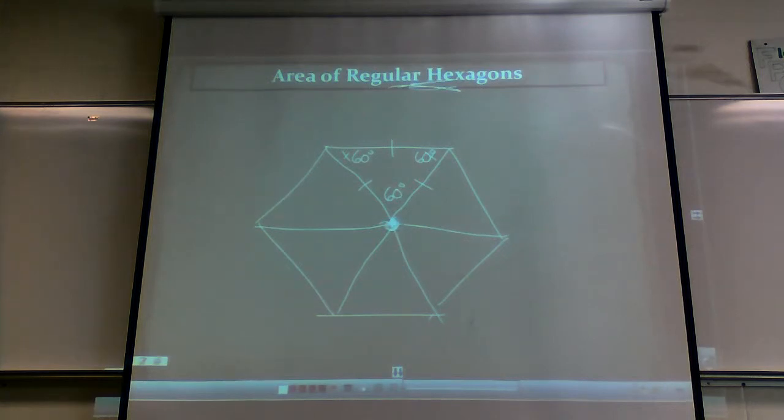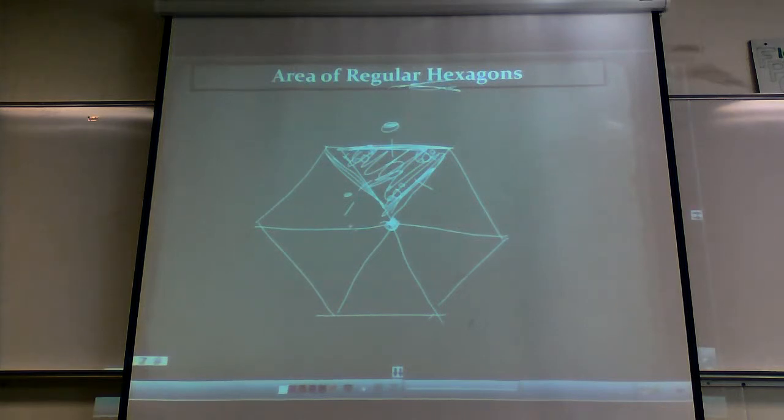So a quick way to find the area of a regular hexagon would be to find the area of one of those equilateral triangles and then multiply it by 6. So there's going to be a fast way to do regular hexagons if you know either the side length or the radius, because they're the same, because that's an equilateral triangle. So this measurement here and this measurement are exactly the same.